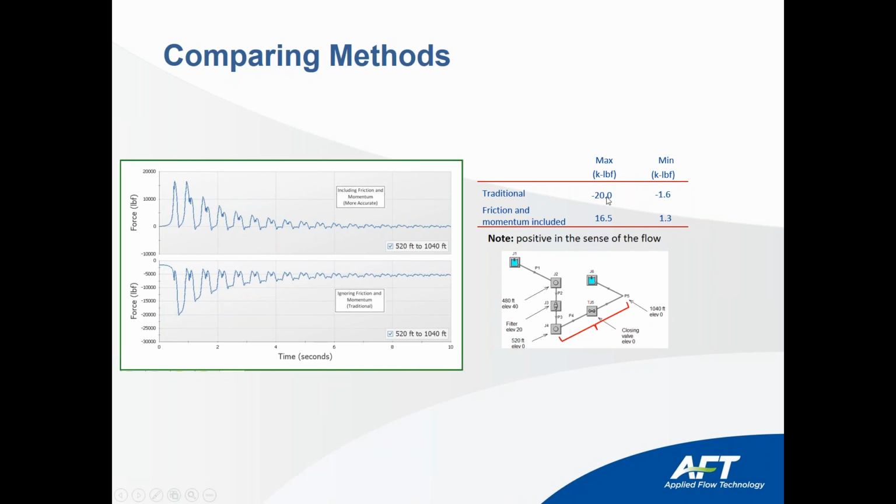So this tells us the traditional method is over conservative, and also it's not in the right sense, because here we would have the maximum magnitude in the negative sense, which shows right here, 20,000, and the realistic is that it would be in the positive sense, with a maximum value of 16,000 pounds.